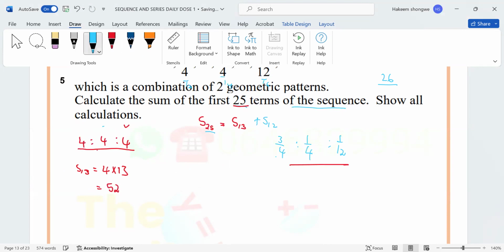Now, this one you said is geometric. If it's geometric, you are going to look for R. What is your R? It's 1 all over 4 divided by 3 all over 4, which is just 1 over 3. And since it's geometric, we're going to use the formula that says Sn is equal to A times (R to the power of n minus 1), all over R minus 1.